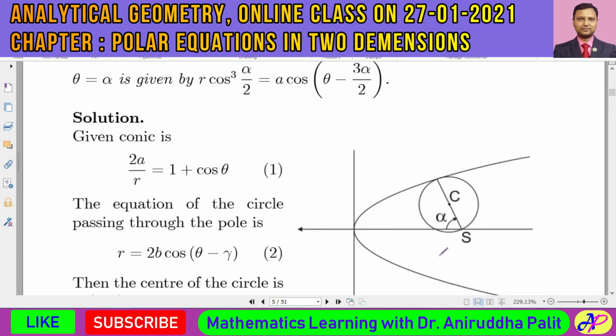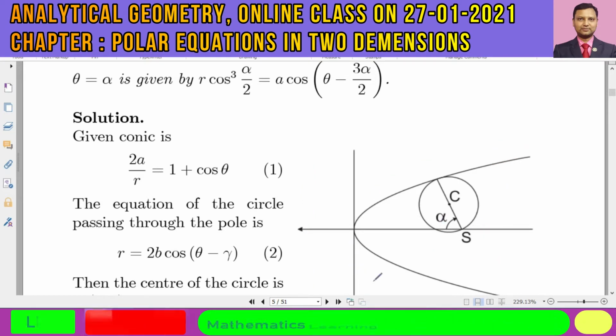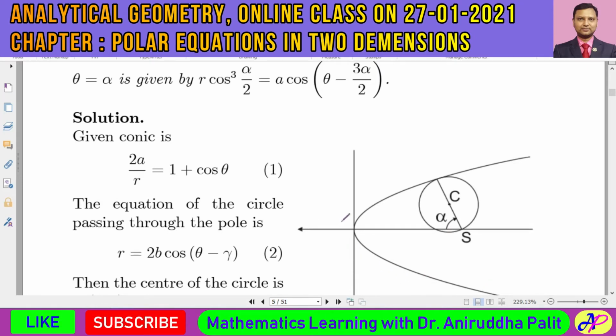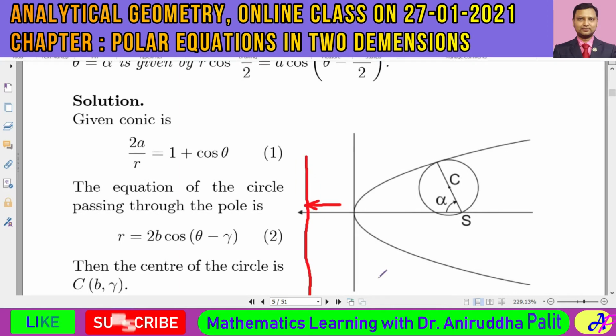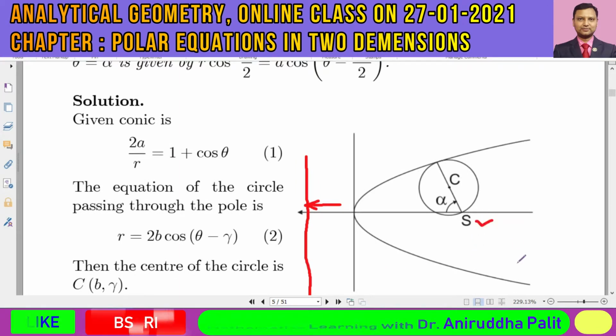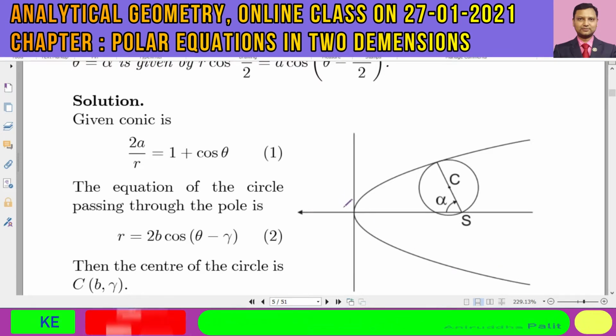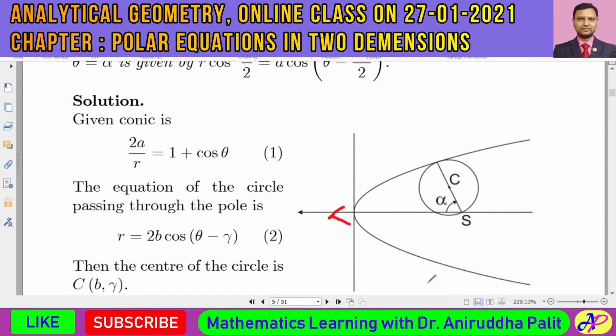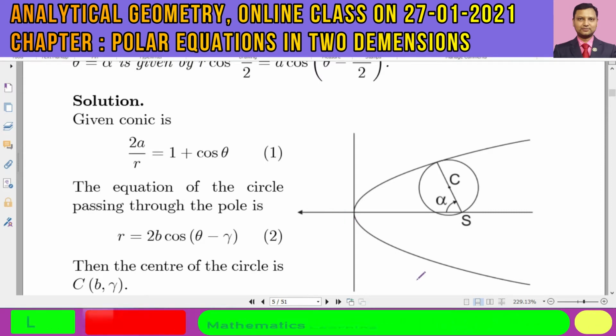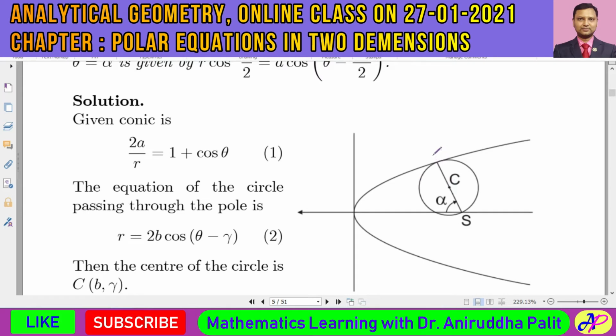So we can consider the picture of the parabola in this fashion, where the initial axis should be directed on the left, because the directrix is situated on the left with respect to this focus. Now, because the initial axis is directed on the left, the vectorial angle of any point, suppose this is a point P, should be measured from the initial axis.